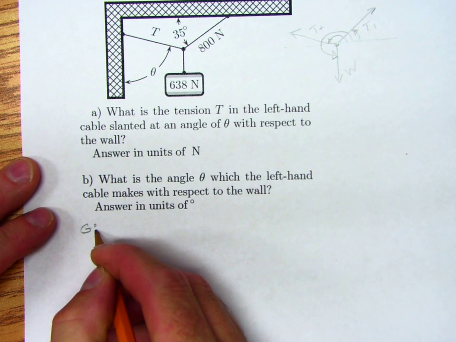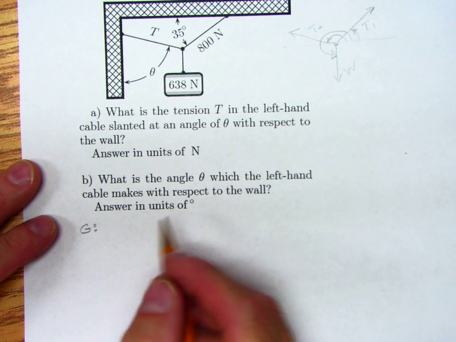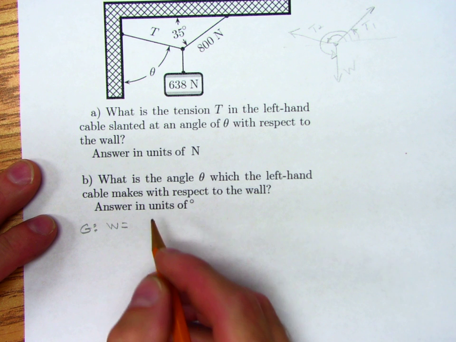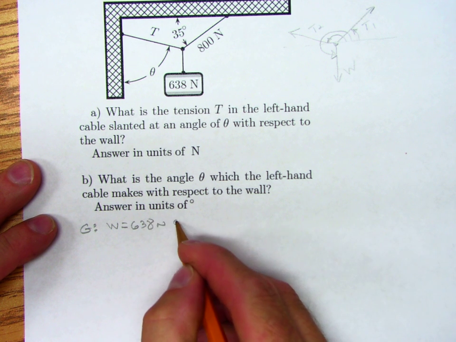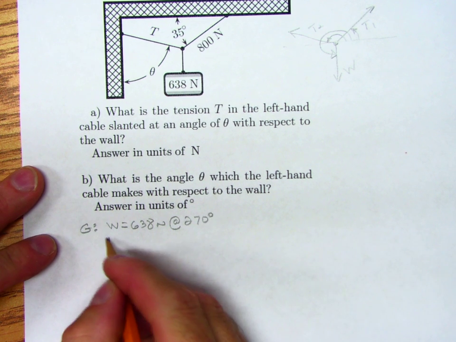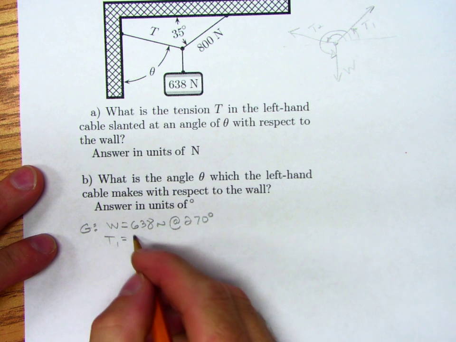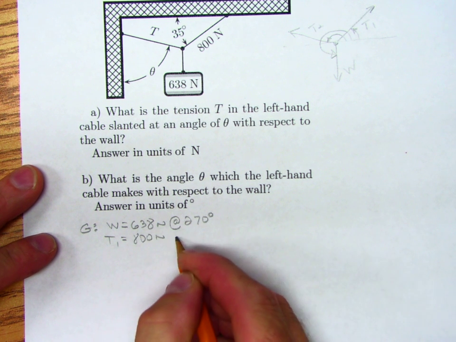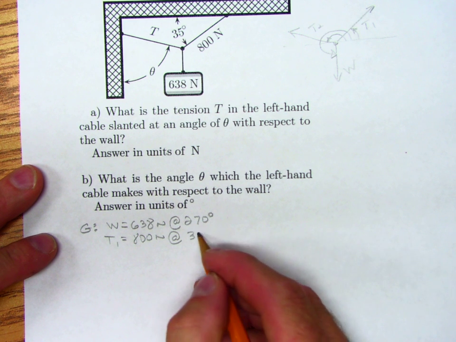So here we go. Here are our givens: the weight is equal to 638 newtons, and from our diagram it's at 270 degrees. And then T1 is equal to 800 newtons at 35 degrees.